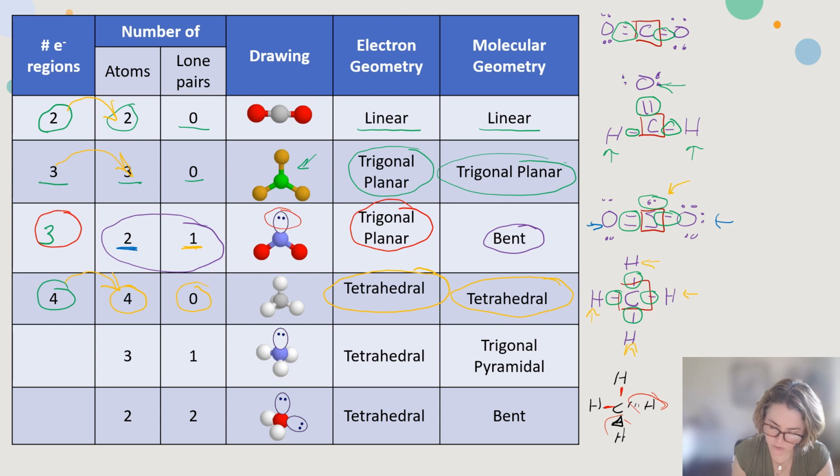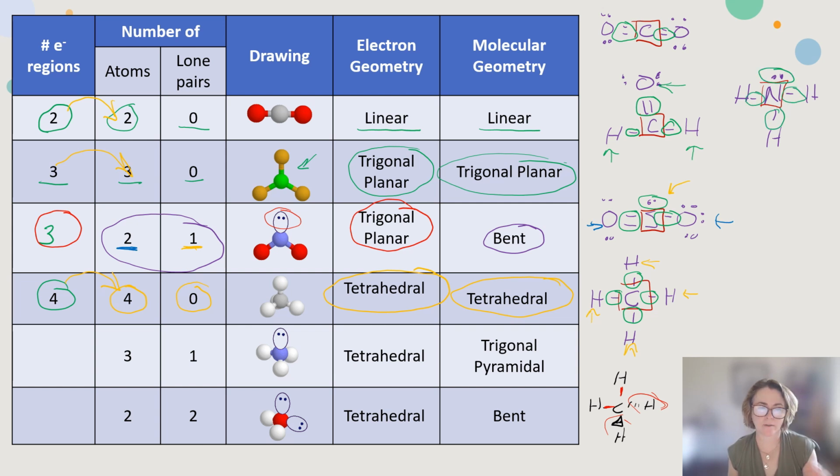I have NH3, so I have nitrogen and 3 hydrogens coming off of the nitrogen and a lone pair on my nitrogen. So here, nitrogen is my central atom, and I have 3 single bonds and a lone pair. That is going to give me 4 electron regions.